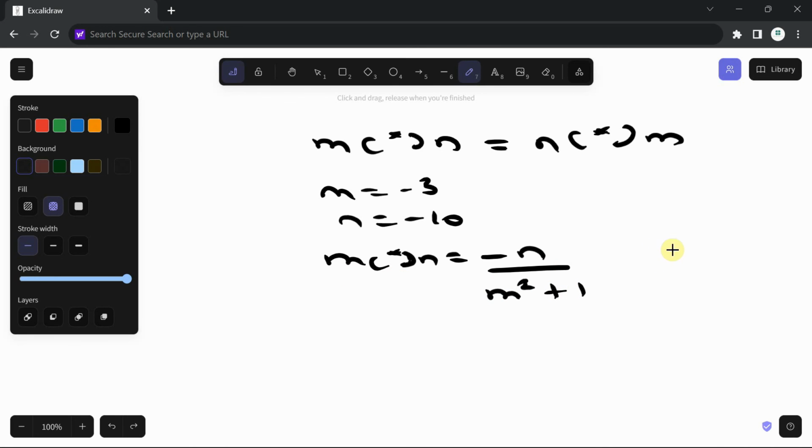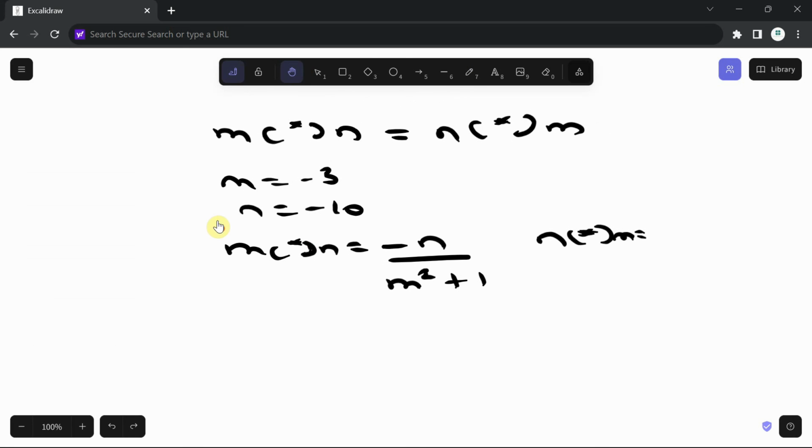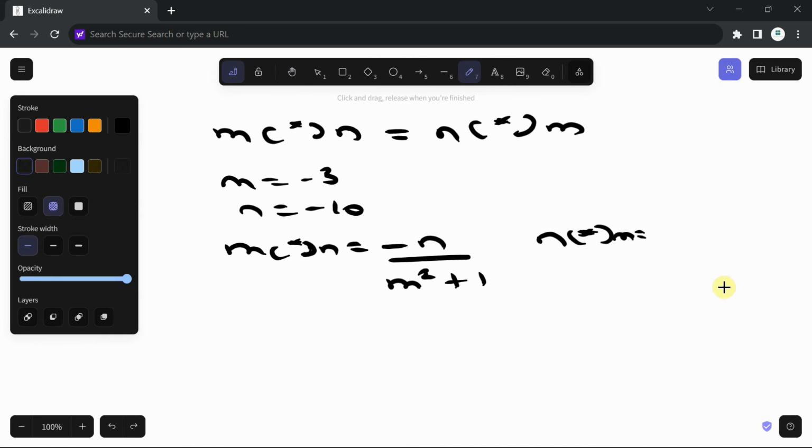So my n star m, if I do a comparison, now this should be minus m, the second value, all over the first value, which is n squared plus 1. So you can just see what I just did: negative of the second value all over square of the first value plus 1. If I can get the same value, then that means it's commutative.